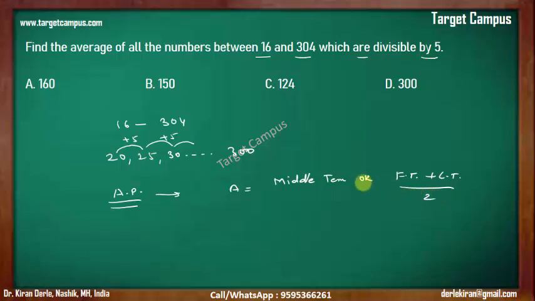And we know these terms are in arithmetic progression, so the average will be first term plus last term divided by 2. That is 320 divided by 2, which is 160, and that is our answer, right? Hope you are getting this.